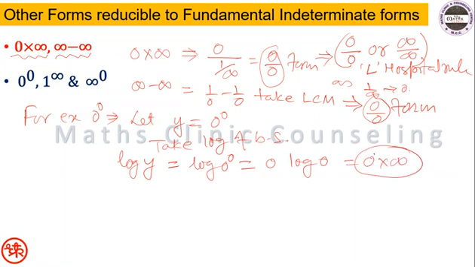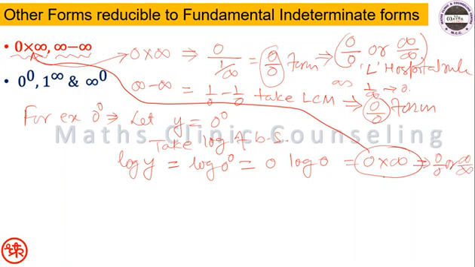And once it is 0 into infinity form, we can convert it to 0 by 0 or infinity by infinity, and hence we can solve. Suppose its answer is alpha, so log y is equal to alpha, and therefore y is equal to e to the power alpha, and that is the answer.